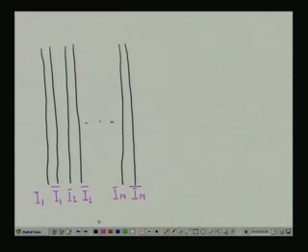Now, we have 2 to the power n number of product lines.